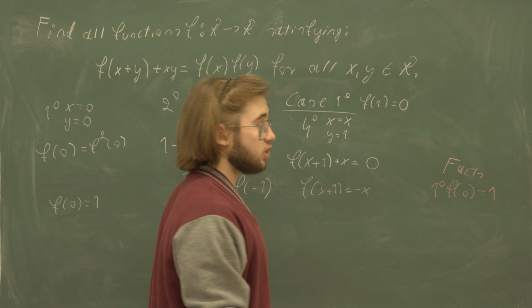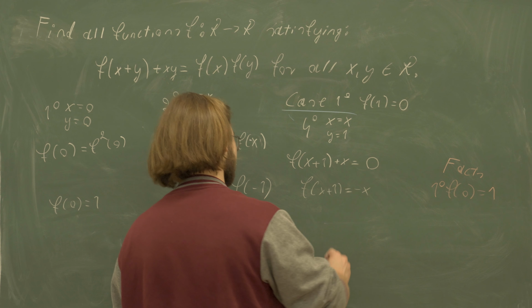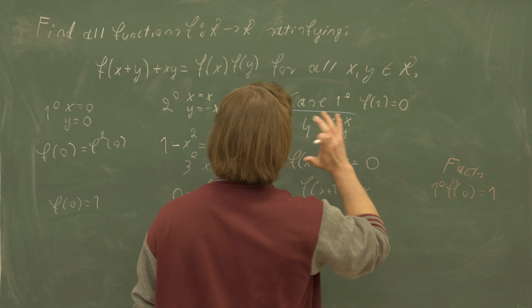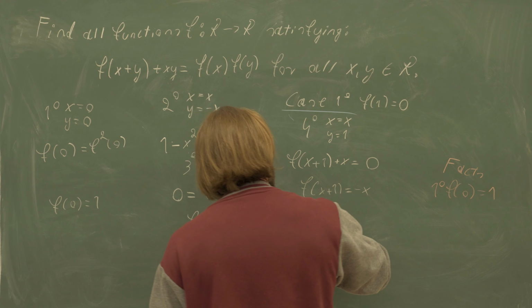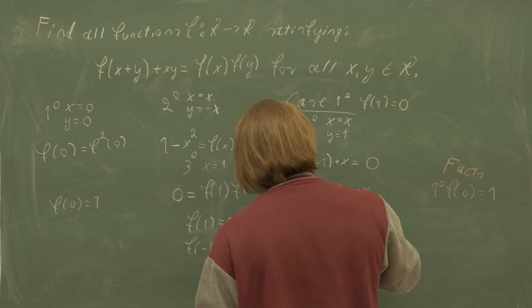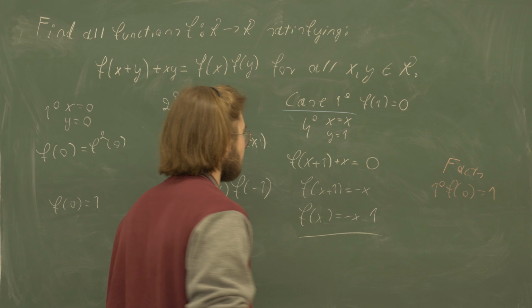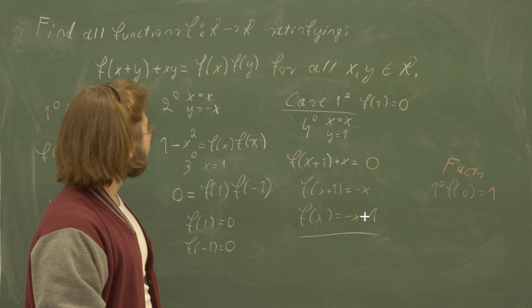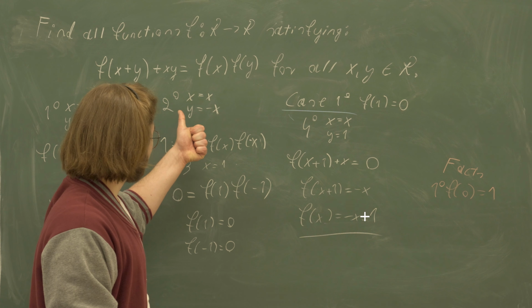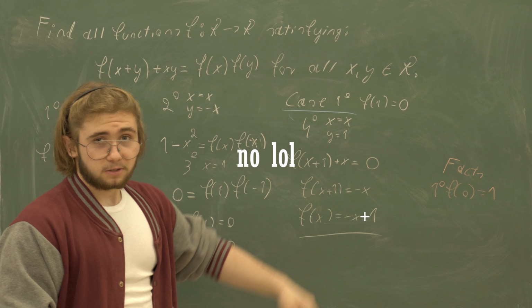Now let's shift the argument and substitute x minus 1 for x, getting f of x is equal to negative x minus 1. Perfect, that's the first solution right there. Am I right? Negative x, yeah, works.